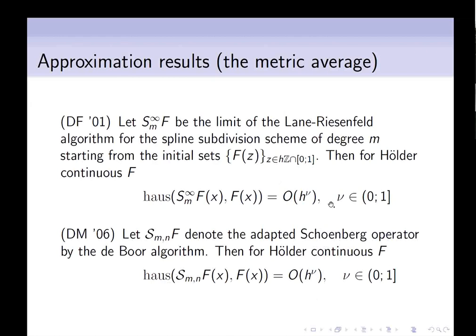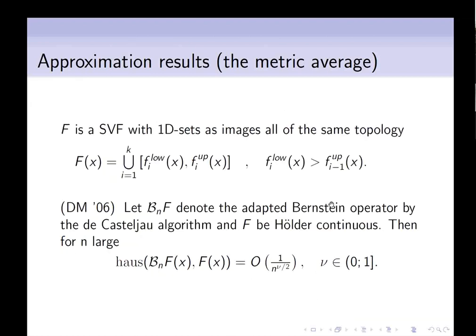But these things are not as easy as we might think. For example, for polynomial algorithms, we don't have a general approximation result. We have it only for a rather specific case of multifunctions with one-dimensional compact images, all consisting of the same number of closed intervals.